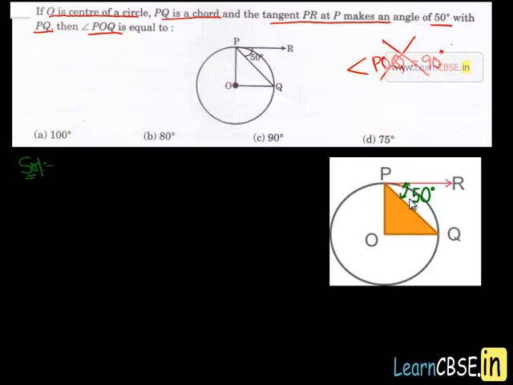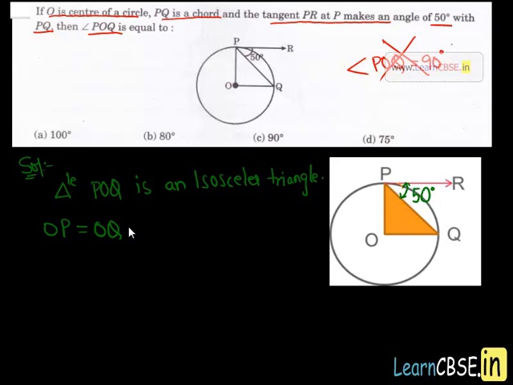Look at the diagram. Here we are given a circle with center O and radius OP and OQ and a chord PQ. The triangle POQ is an isosceles triangle. It is because the sides OP and OQ are equal and it is equal to the radius of the circle.